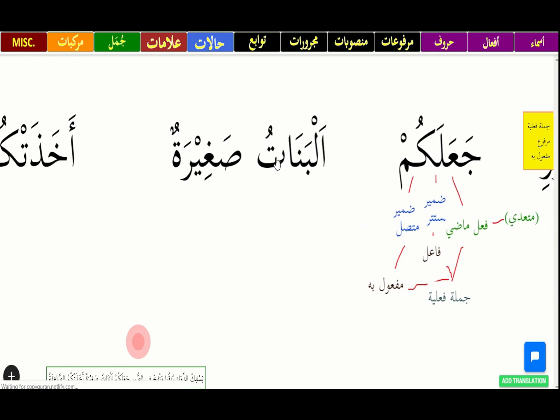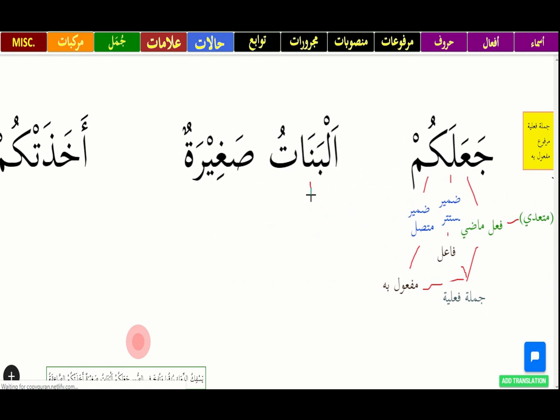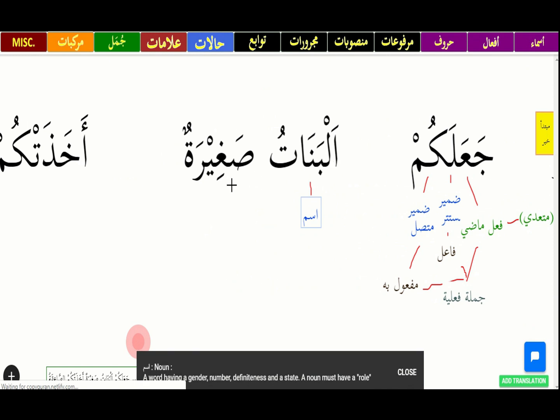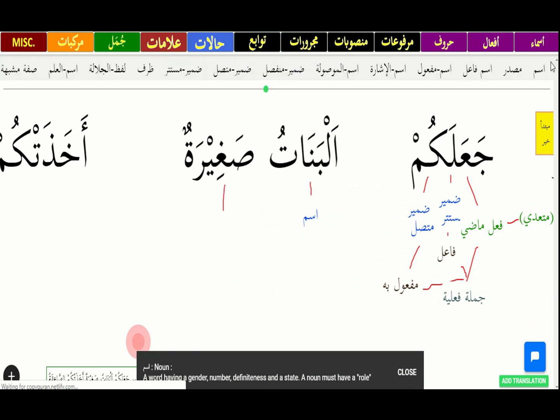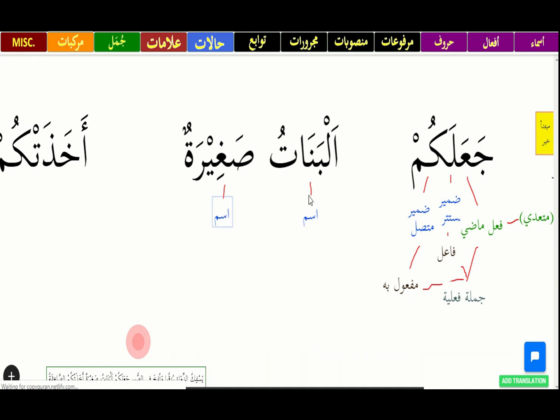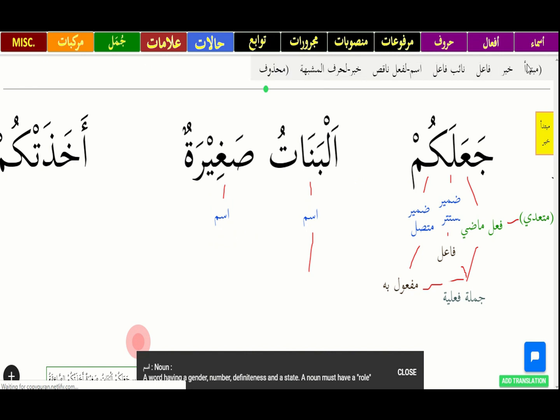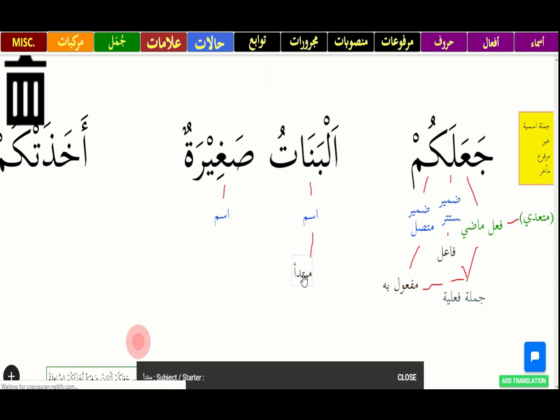The next one, al-banatu saghiratun. The word al-banatu is a noun because it starts with alif lam. The word as-saghiratun is also a noun. So since this is a noun, this is going to be a nominal sentence. But before we go there, the nominal sentence starts off with a noun that has the role of mubtada.